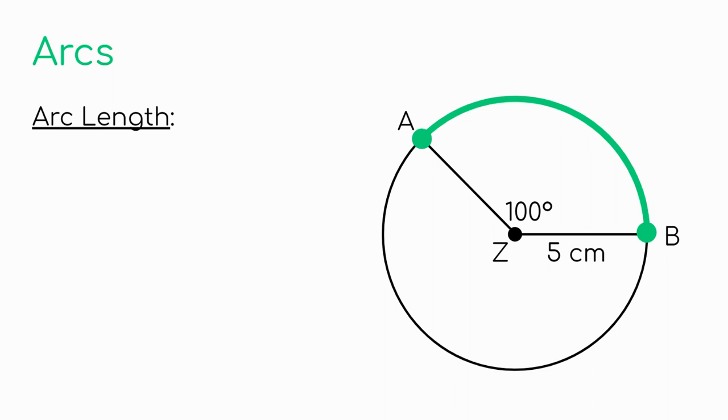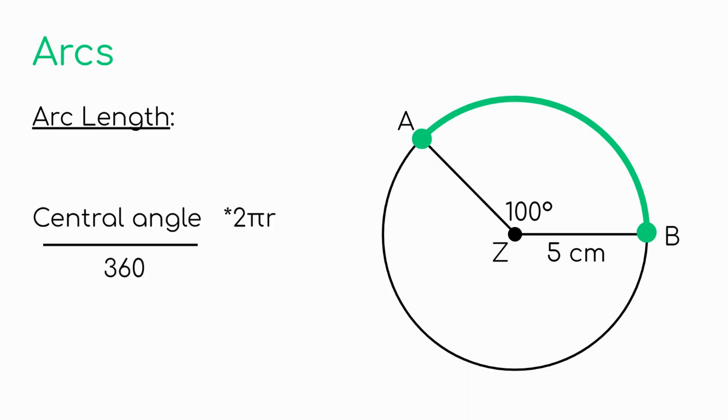So our formula is going to take our central angle, in this case 100 degrees, and divide it by 360, the entire circle. Then we multiply it by circumference, so times 2 pi r. You might want to grab a paper and write down this formula: central angle divided by 360 times 2 times pi times r.